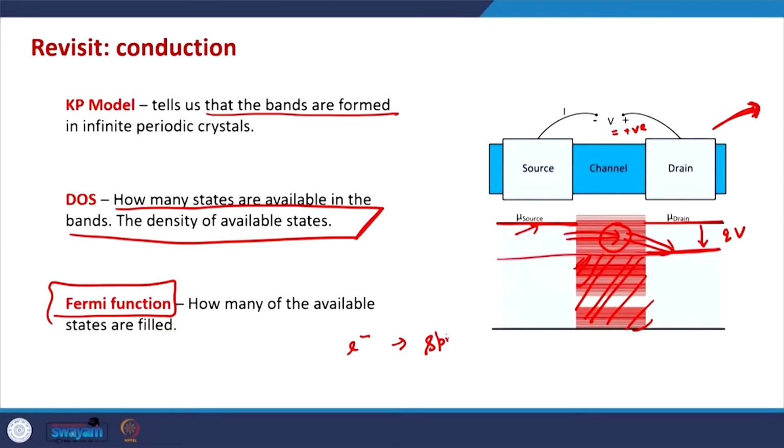All of us know that electrons are spin half particles, and all the particles whose spin is half integer, 1 by 2, 3 by 2, 5 by 2, and so on, are known as fermions.